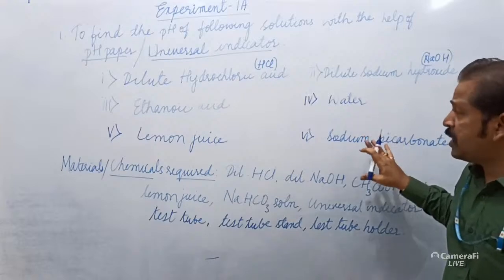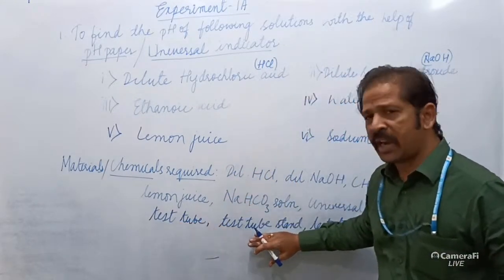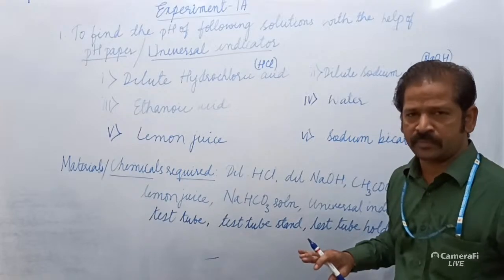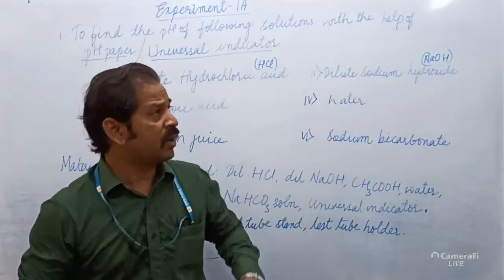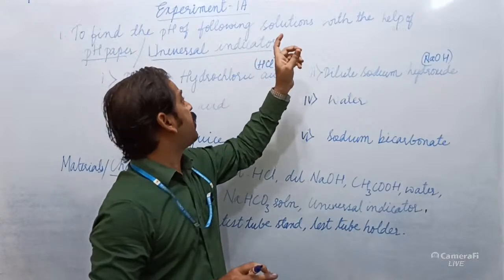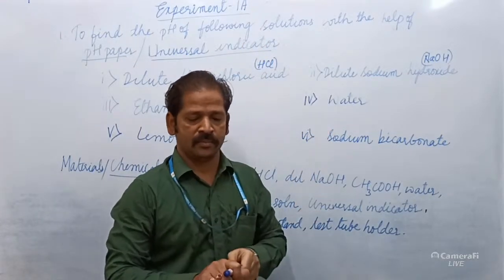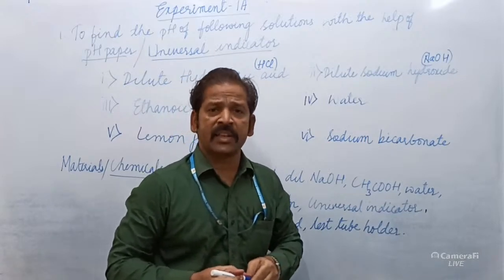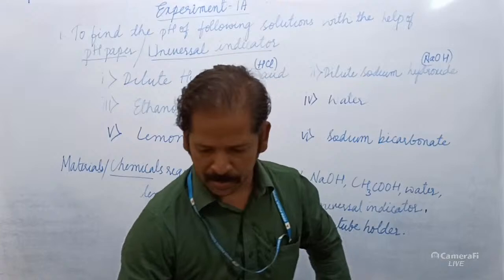Apart from that, we need the universal indicator, test tube stand, and test tube holder. This is about experiment number 1A. Number 1 has two parts, 1A and 1B. Next, we'll go for the procedure, how to do this experiment.